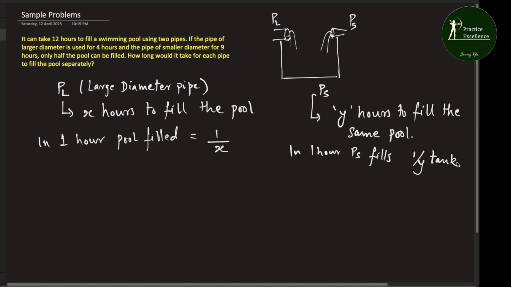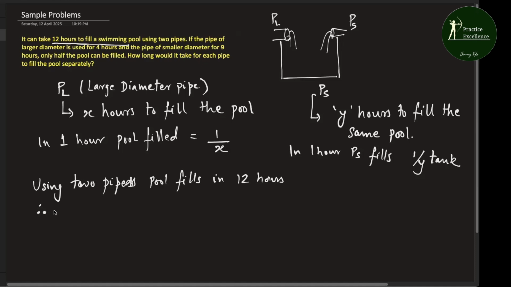But we have already been told that it can take 12 hours to fill a swimming pool using two pipes, right? If both do it together, then in 12 hours. So using two pipes, the pool fills in 12 hours.